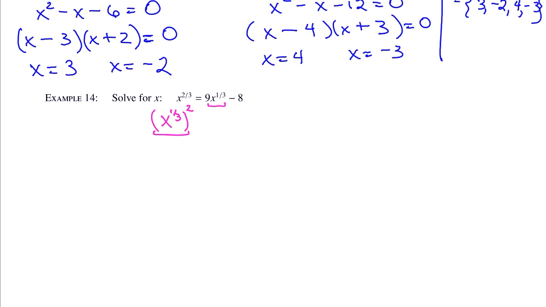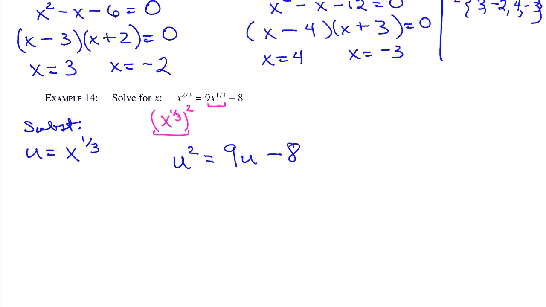So there's that x to the 1/3. So this is quadratic-like, and so we're going to substitute u is equal to x to the 1/3. When I substitute, we're going to get u squared is equal to 9u minus 8.